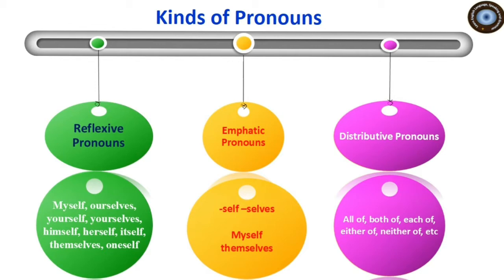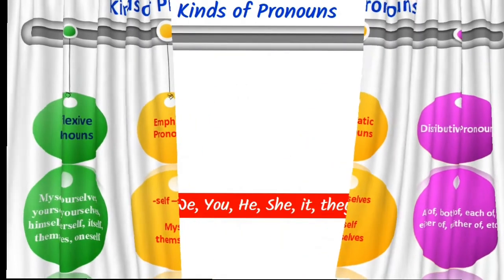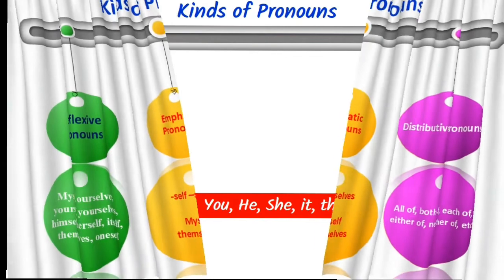Myself, themselves are examples of emphatic pronouns. And distributive pronouns, for example, all of, both of, each of, either of, neither of, etc. Now we'll see these kinds in detail.